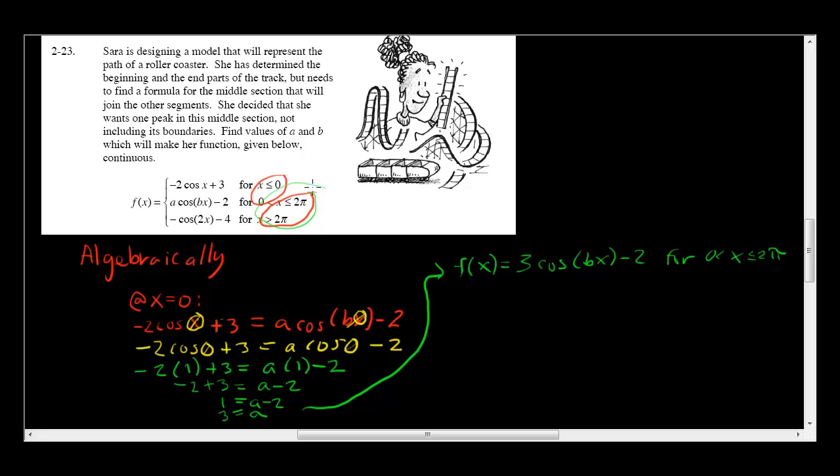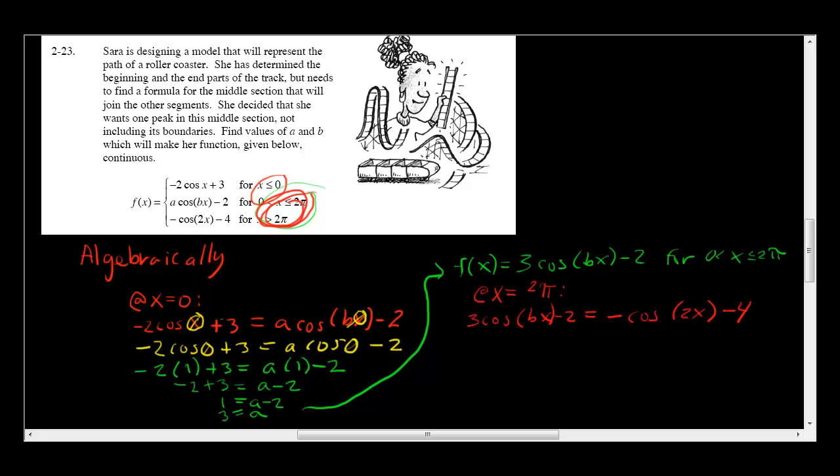We see our second point is that x is equal to 2 pi, where they should intersect again, so the second and third sections should equal each other at x equals 2 pi. So we have a being 3 now, 3 cosine bx minus 2 is equal to negative cosine of 2x minus 4.